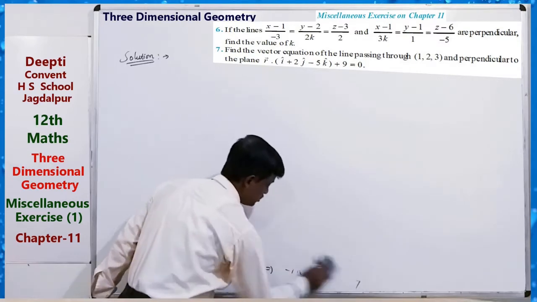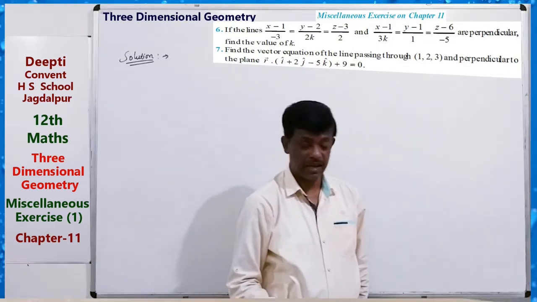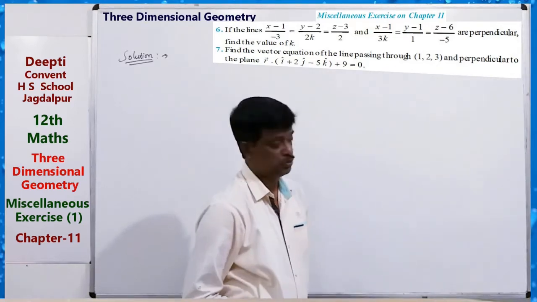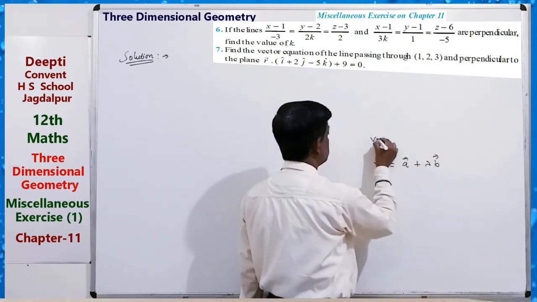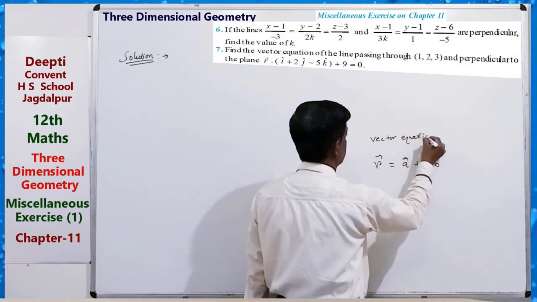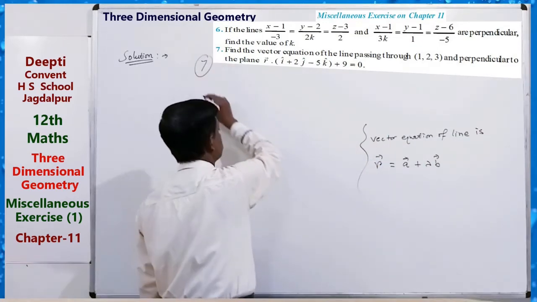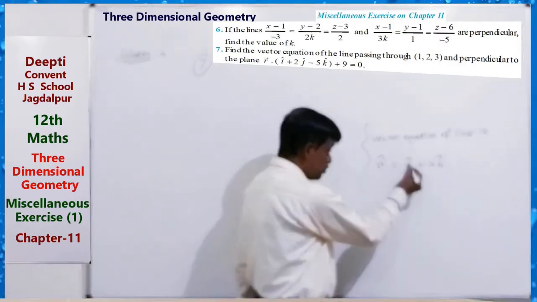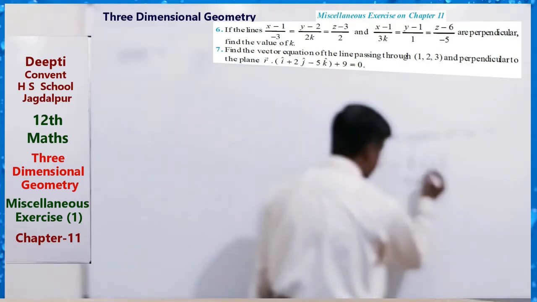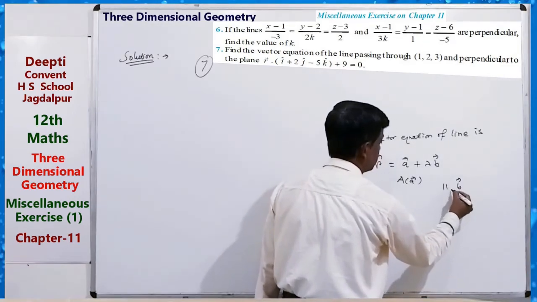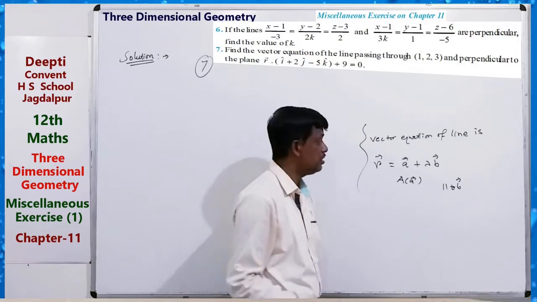Here the direction ratios of the line can be found by using the given condition. We know the vector equation of a line is this, where the line passes through the point A having position vector A and is parallel to vector B. The direction ratios can be taken from the vector B.